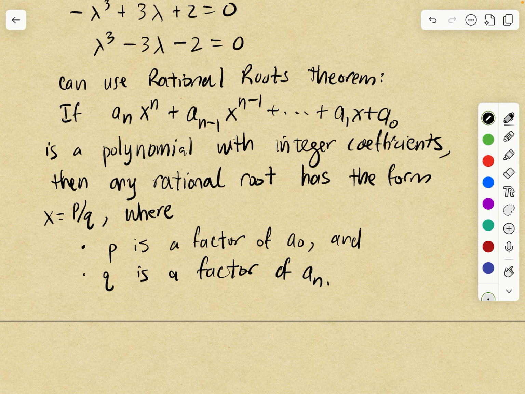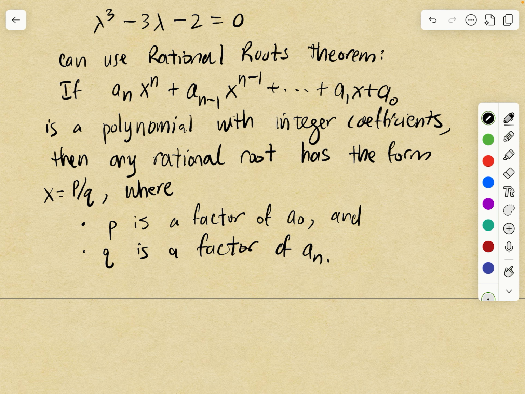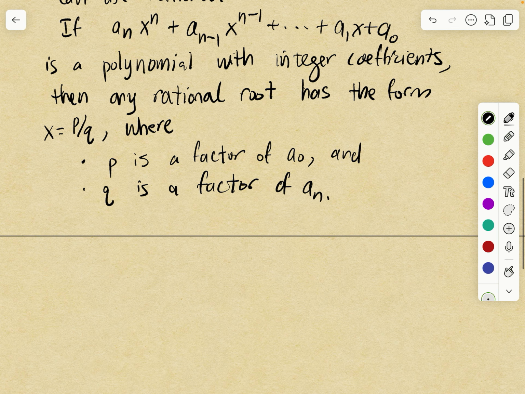It's not a very hard theorem to prove. Basically what you do is you plug x equals p over q into your polynomial. If p over q is a root, you get 0. Then you multiply everything out, and when you look at the equation you get, you can see that p has to be a factor of a_0 and q has to be a factor of a_n.